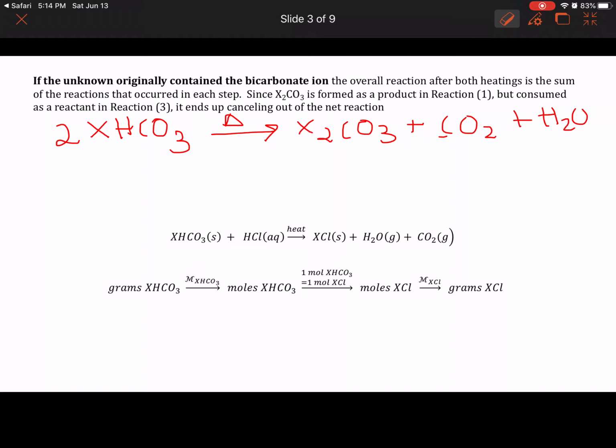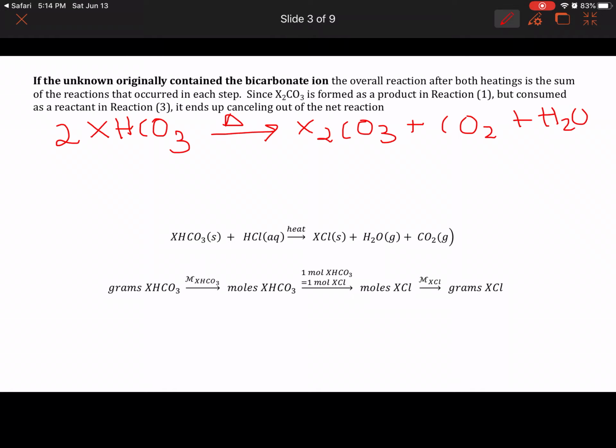Here we have 1 carbon, here you have 1 carbon, here you have another carbon, so now you have 2 carbons, 2X, and we have 3, 4, 5, 6 oxygens, 3 times 2, 6 oxygens, 2 hydrogens, 2 hydrogens. Now it is balanced. So this is what happened when you first heat.